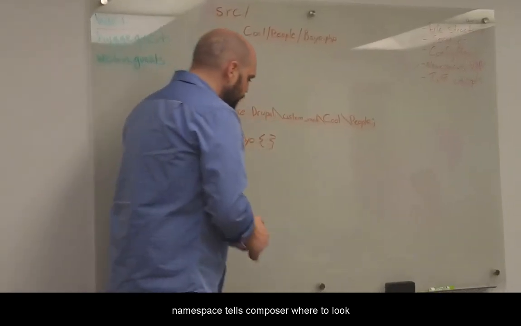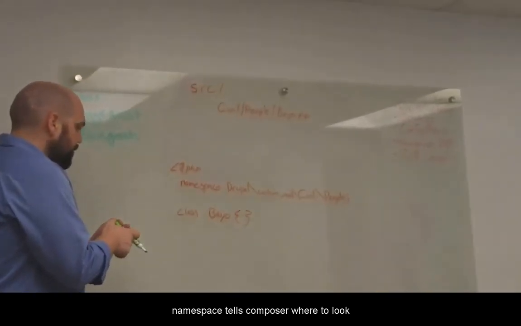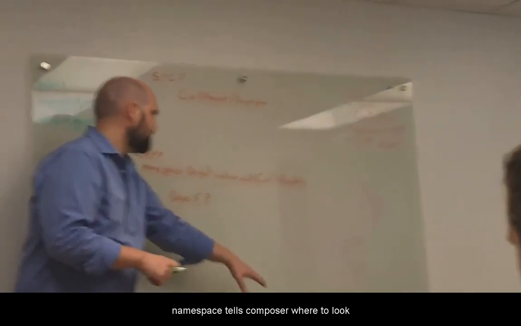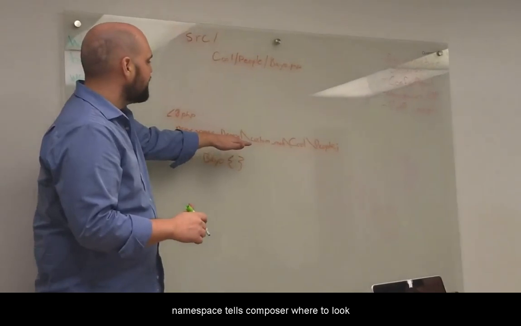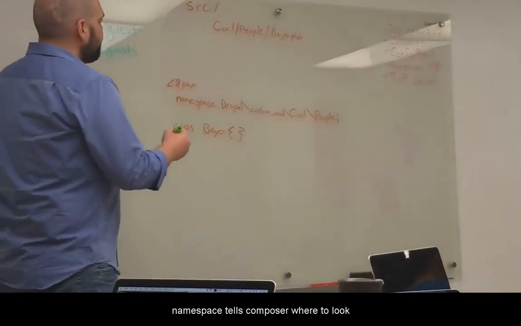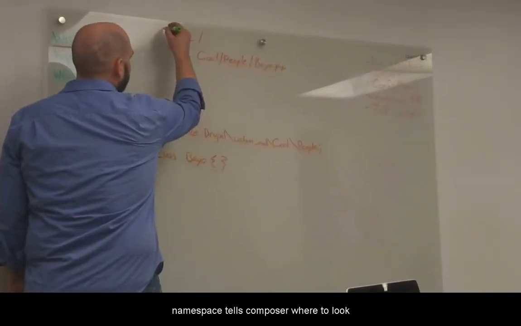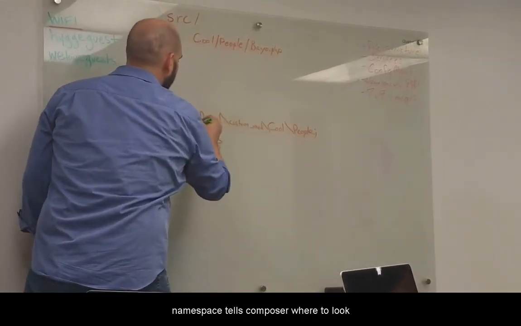And so what Composer is going to do in the background is, somewhere else in the system, we're going to call this class. And Composer is going to say, okay, somebody called the class Drupal\custom_mod\Cool\People\Bio. That means we need to look inside of the source directory of the custom module.